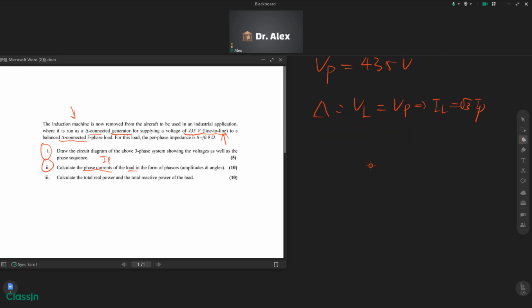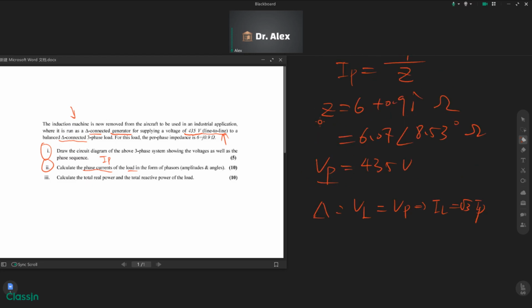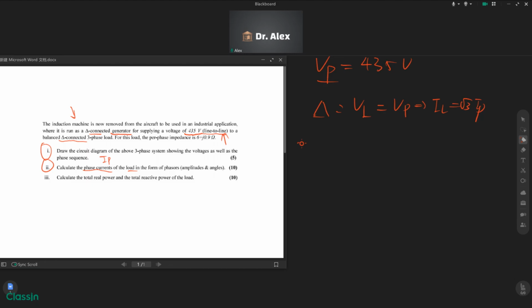We have Vp and Z, so we can easily calculate the phase current, which is 435 divided by 6.07, with angle 71.66 minus 8.53. The unit is ampere.